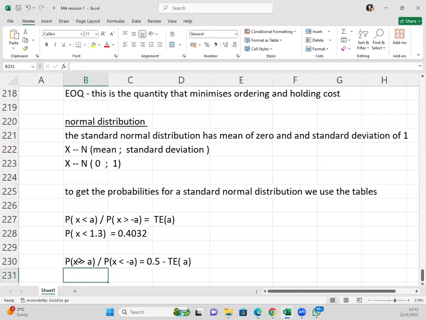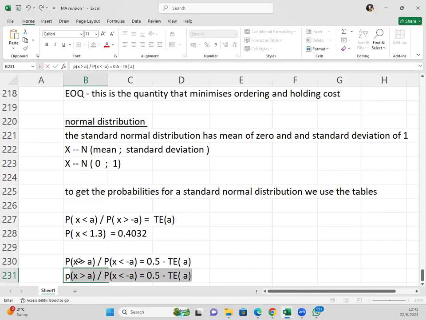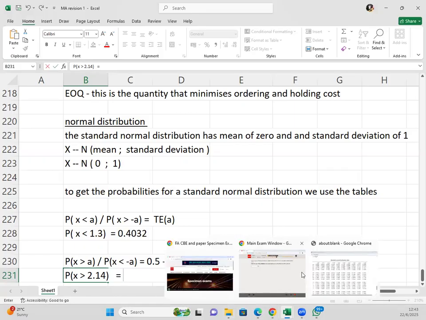For example, if the question had said the probability that X is greater than 2.14, we go to the table and identify 2.14.